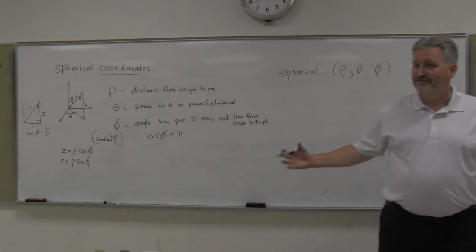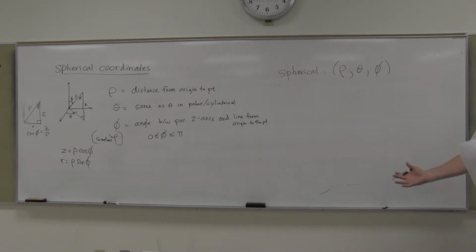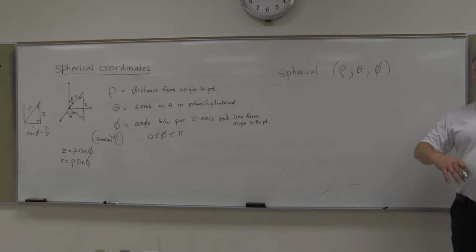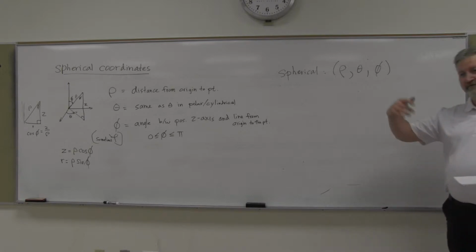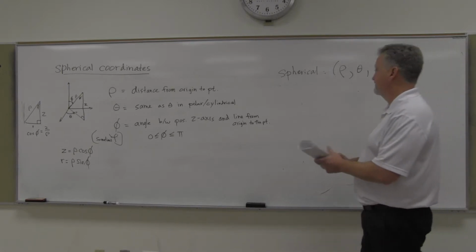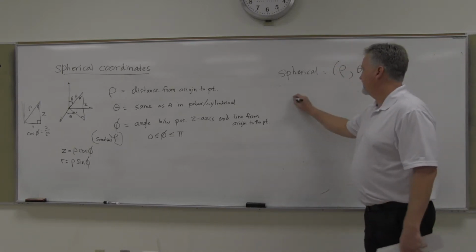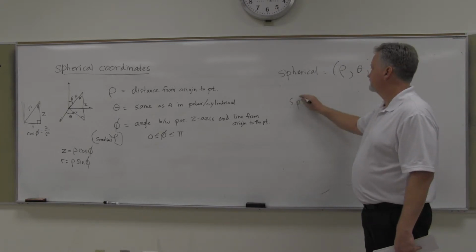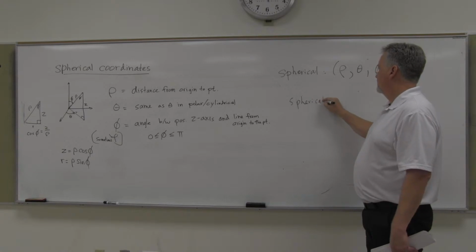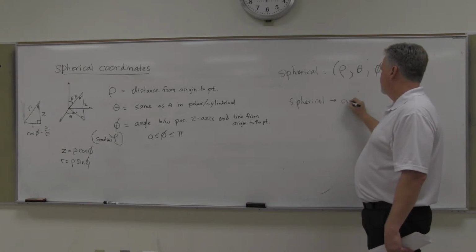Okay? So, again, one of the things we'll be converting from spherical, really want to get eventually to Cartesian, and vice versa. But let's think spherical, first of all, to cylindrical.